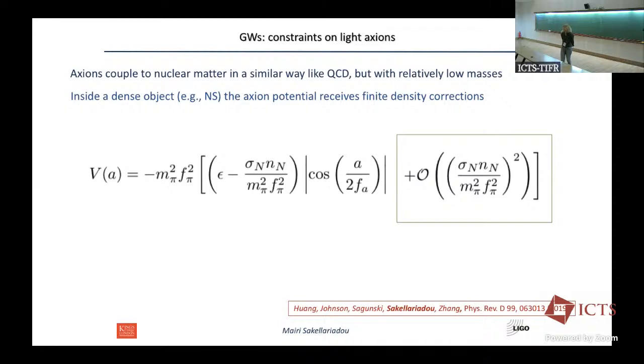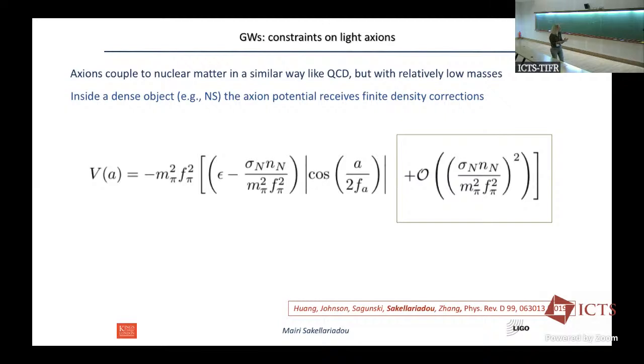Yes, they are inside the compact object like a neutron star. For me, yes, otherwise they will not have this correction. That's all that I need. I don't have any coupling anywhere. I'm saying that if they're inside the compact object, there will be extra corrections.